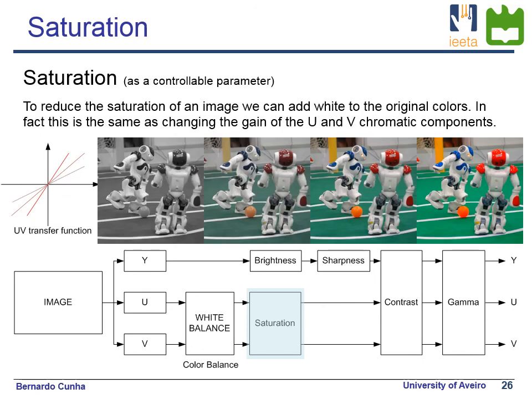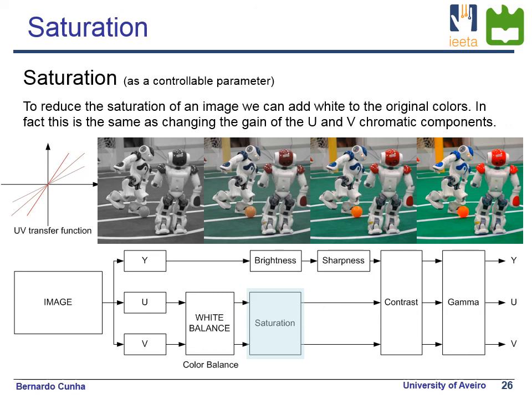Again, saturation can also be a controllable parameter, which means that externally you can define the amount of saturation you want to introduce into an image. So if we assume that the original image is this one, we can oversaturate the image. This is the case on the right, by manipulating the gain on the chromatic components.